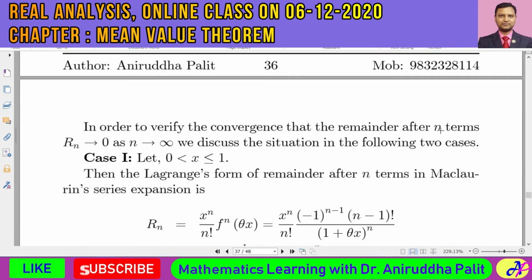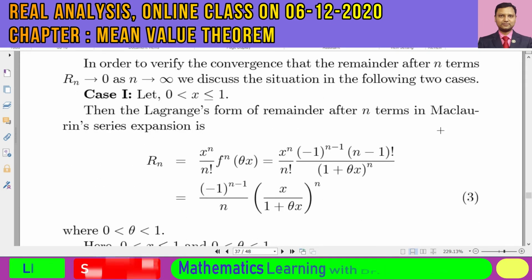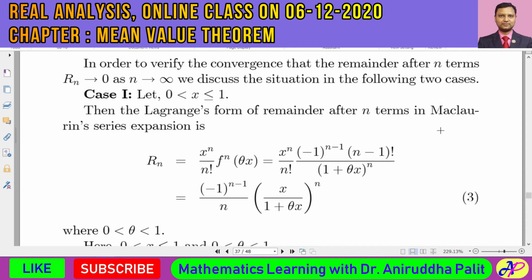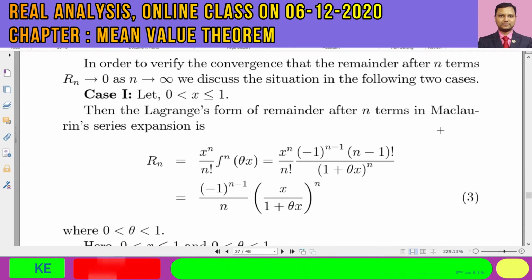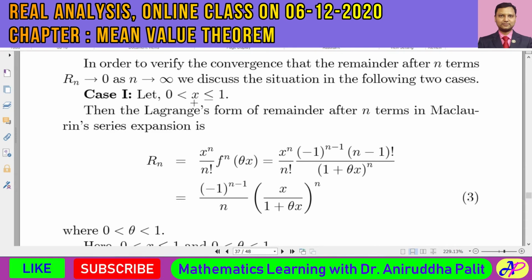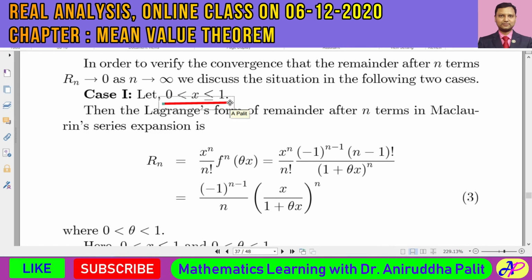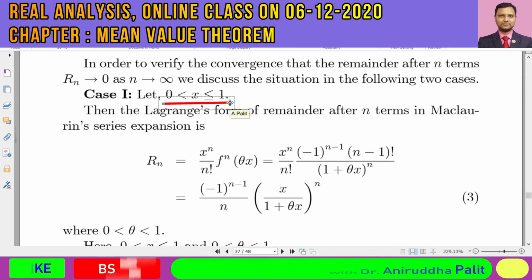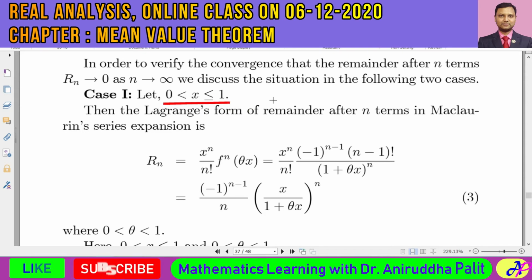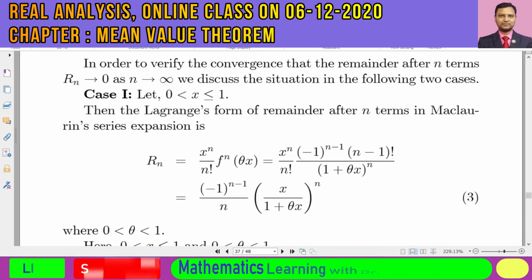And we discuss this situation in the following two cases. In the first case, we consider 0 less than x less than or equal to 1, because the expansion we are going to get would not be a convergent expansion when x is greater than 1. So we consider the semi-open interval.